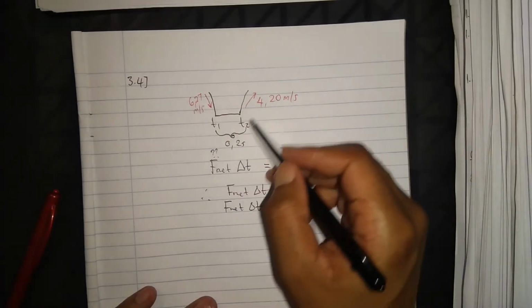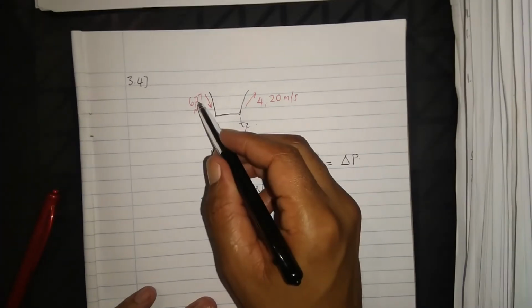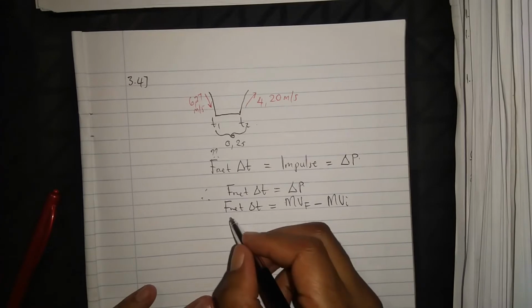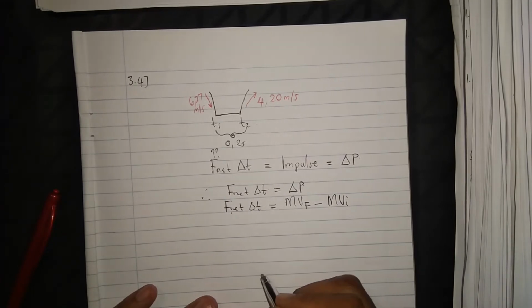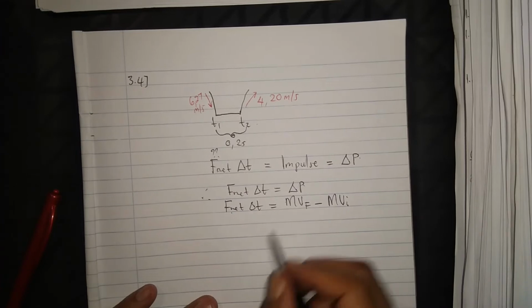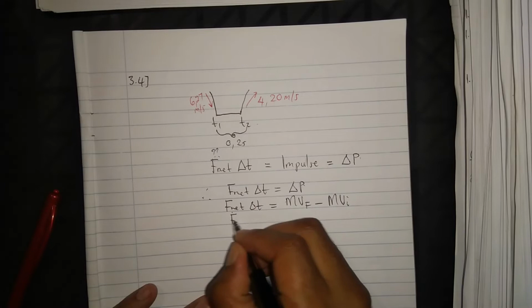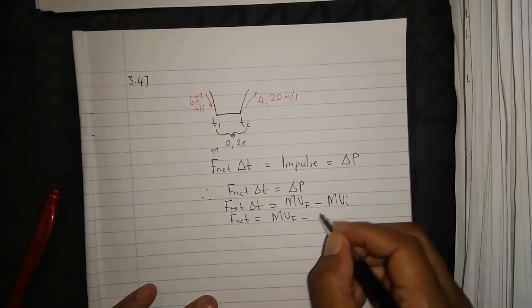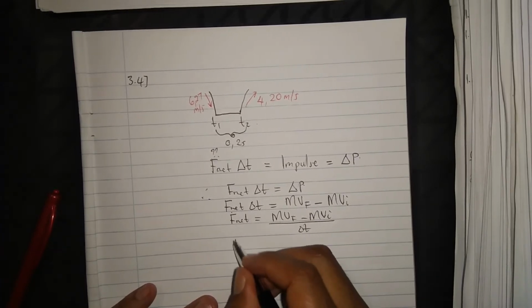We focus only on this part of the graph. So I'm given the 6.27 meters per second in order to calculate F net. I'm given the contact time which is 0.2, so I can substitute the values and get F net. F net is equal to m v final minus m v initial, divided by delta t.